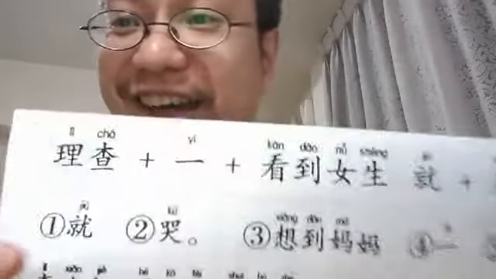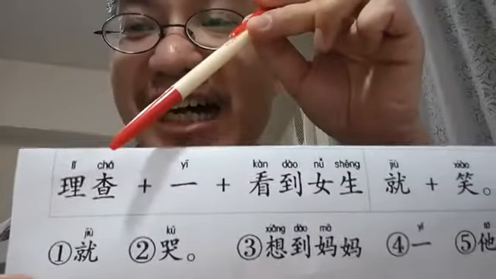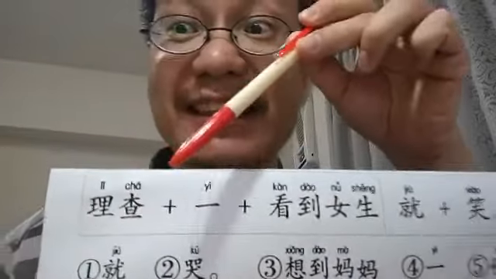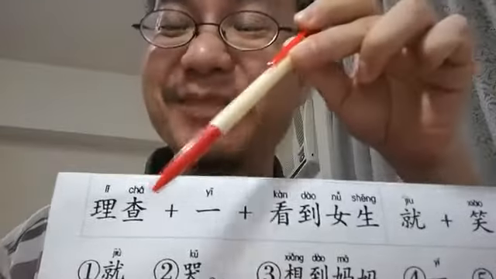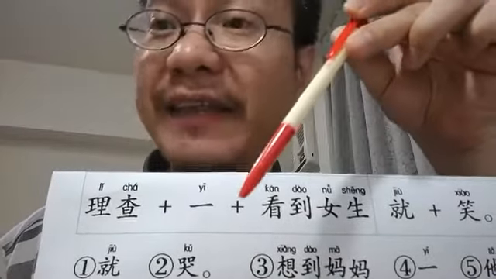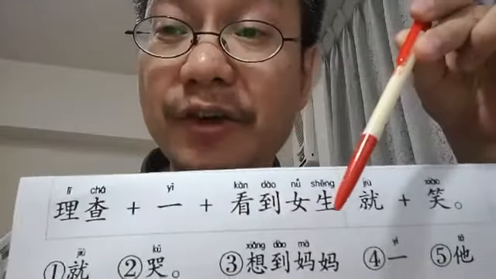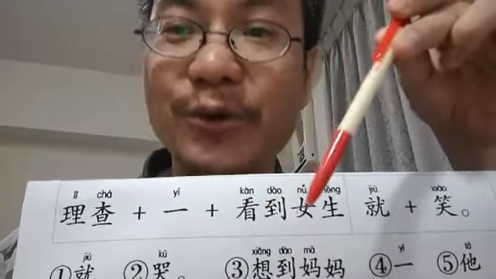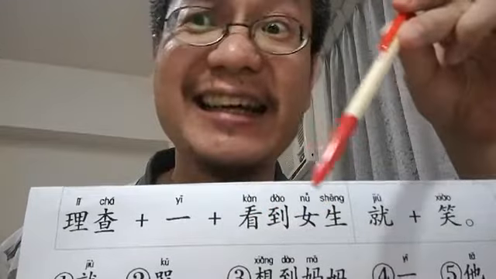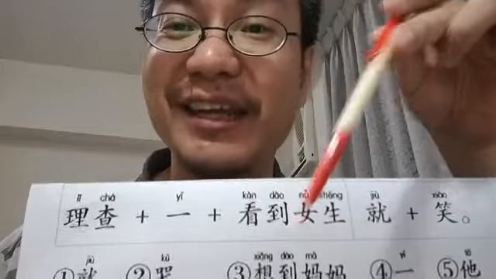The other example sentence is 理查, the subject, right? Then 一, and then we add verb 1. Verb 1 is 看到女生, see girls.